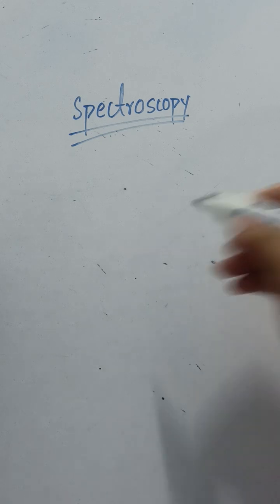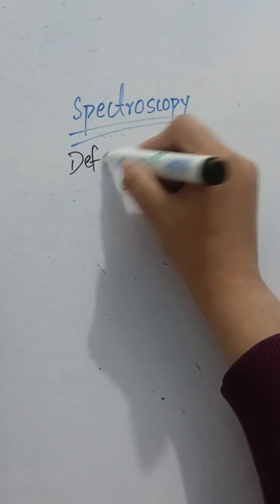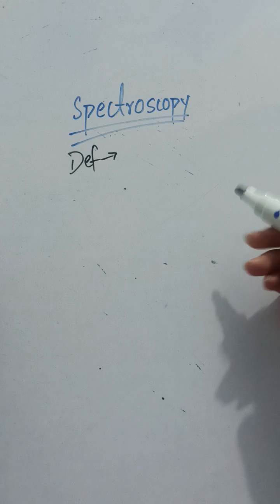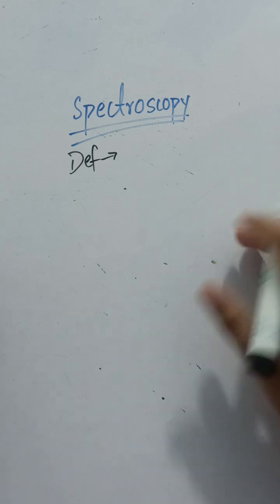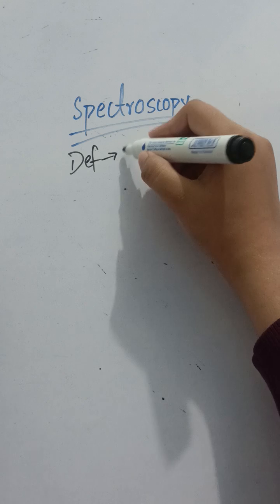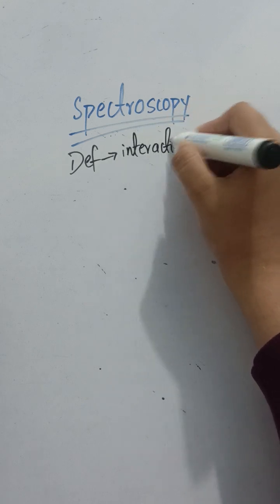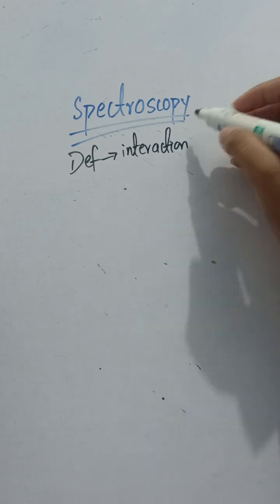So what is spectroscopy? This is a branch of science. First of all you have to define it: it is a branch of science that deals with the study of the interaction between two things.